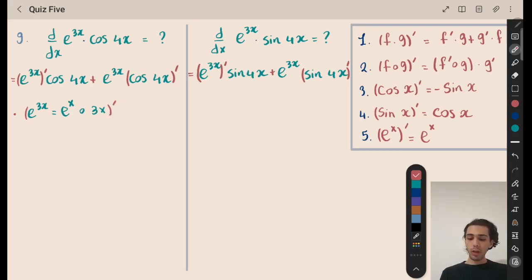So in that case, we will take the derivative of the outer function, which is e to the x, whose derivative is also e to the x. So this is equal to e to the x, composed with the inside function, which is still 3x.